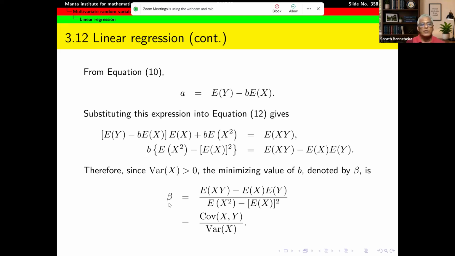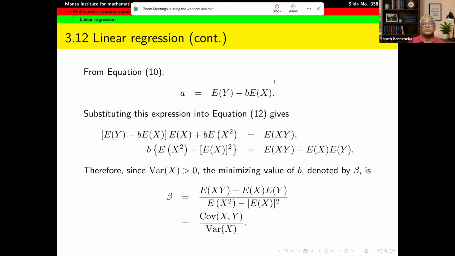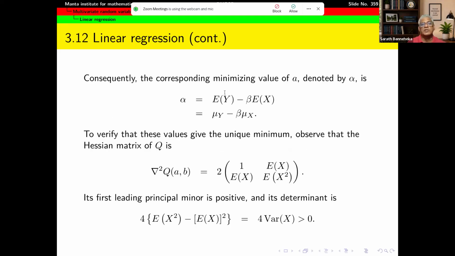We can show that. Therefore, I have taken this b value coming from this equation as beta. So beta is equal to this quantity divided by this one, where this one is actually the variance of x, expected value of x squared minus the square of expected value of x. So this is the expression that we get for beta. When I substitute that for b in this one, we get the corresponding alpha. Therefore, alpha is equal to expected value of y minus beta times expected value of x. So that is this expression.